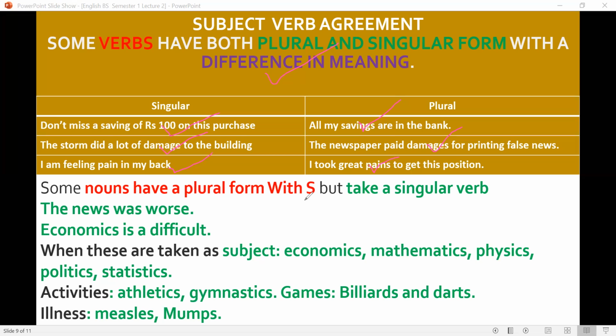Some nouns have a plural form with s but take a singular verb. The news looks like a plural with s, but in meaning this word is singular, so it takes a singular verb. The news was worse. Economics as a subject is a difficult subject. When you take economics as a subject, it will be singular.